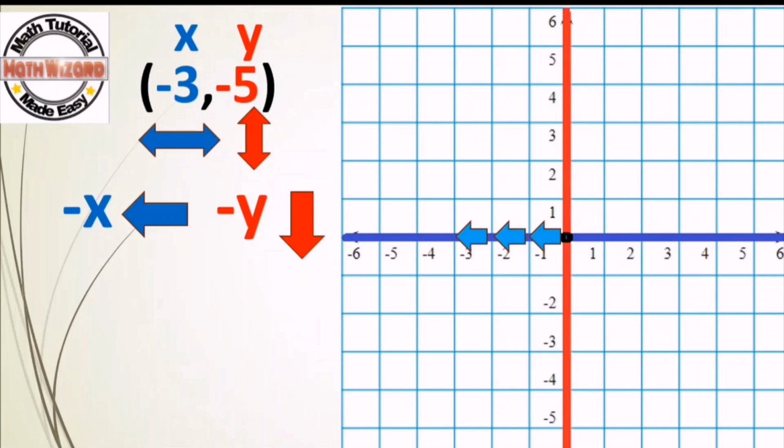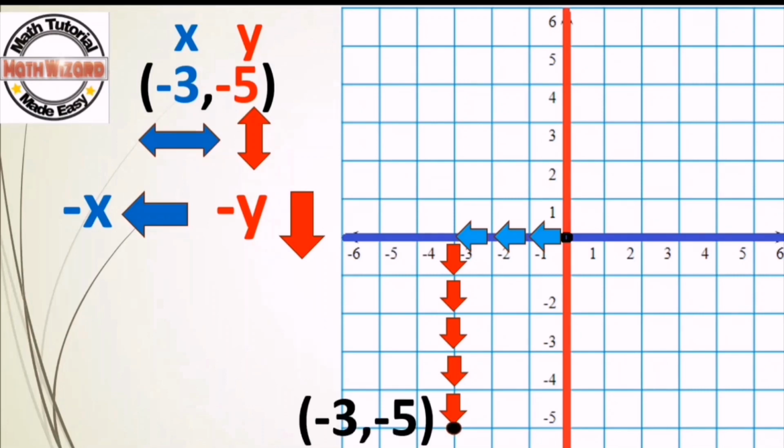So from -3, we count going down 5. 1, 2, 3, 4, and 5. And then after that, you write the point and then write the name (-3, -5). Am I correct with the quadrant? It is on the third quadrant.